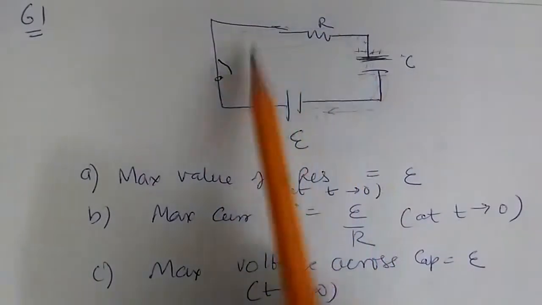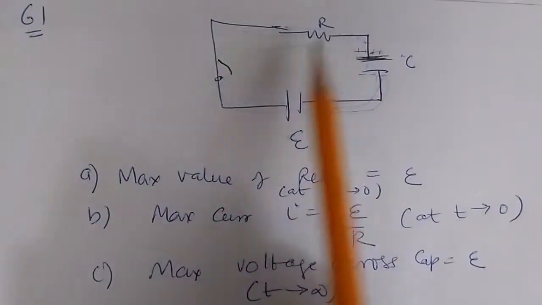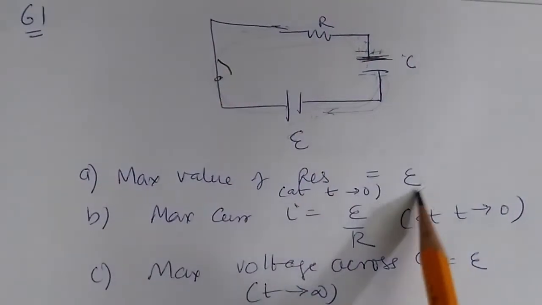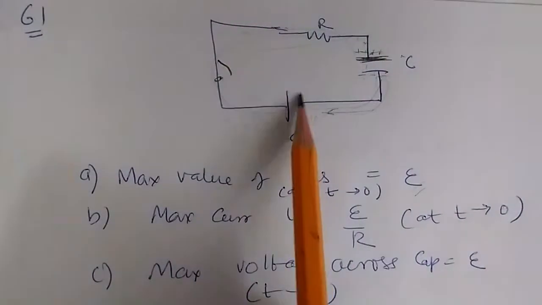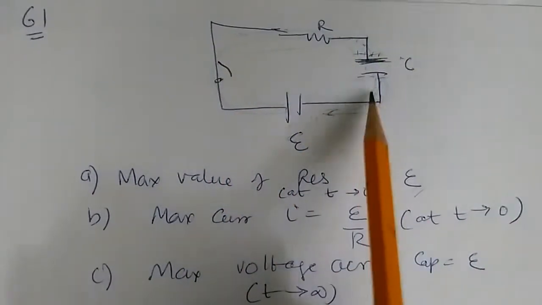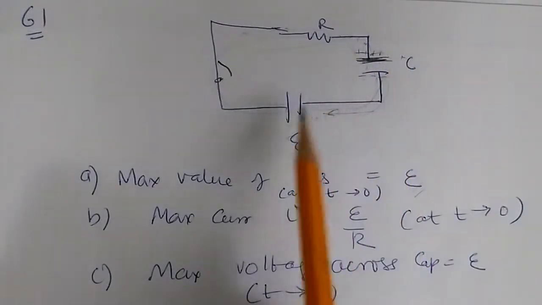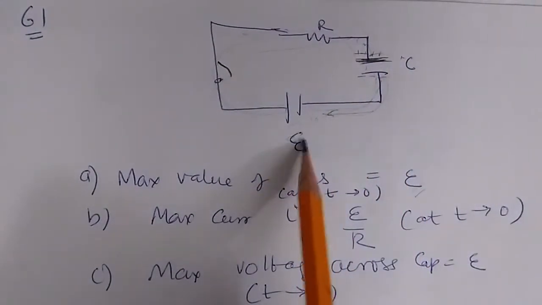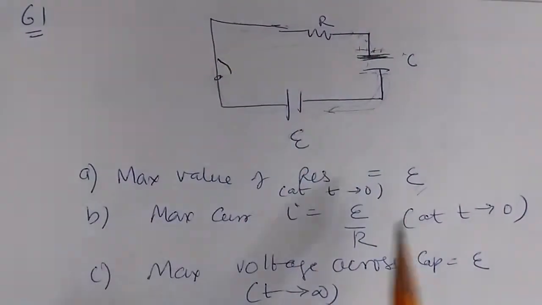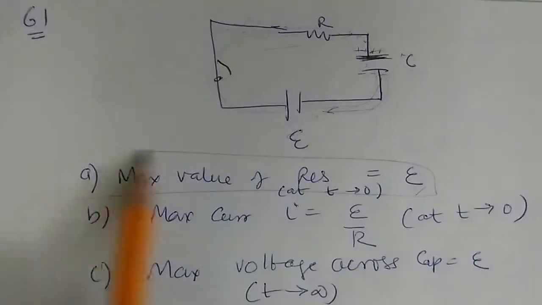But the maximum value of the voltage across the resistor is right after we turn the switch on, and it is equal to epsilon. When the capacitor gets fully charged, the voltage on the capacitor will be equal to epsilon, and at that point in time the voltage across R will be 0. That is the answer to the first question.